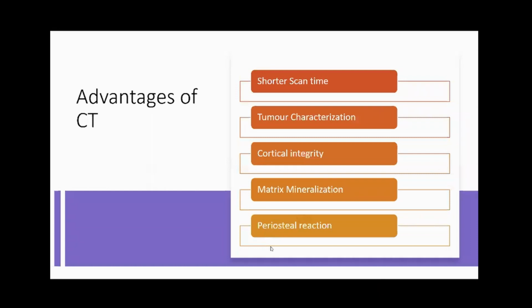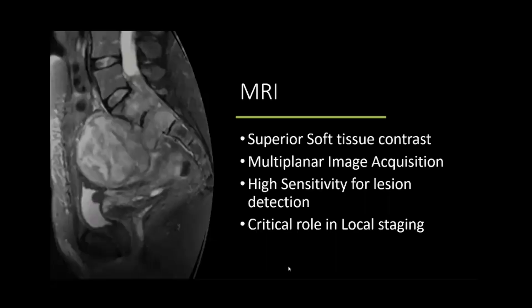CT advantages are shorter scan time, tumor characterization, and cortical integrity. You can check the cortical integrity, the matrix mineralization, and the periosteal reaction.